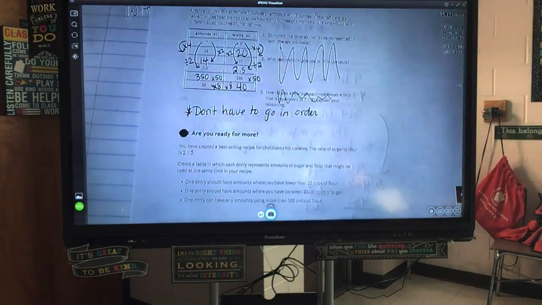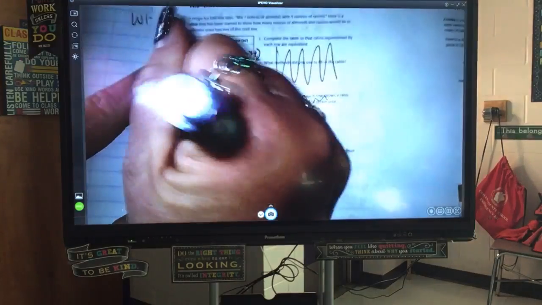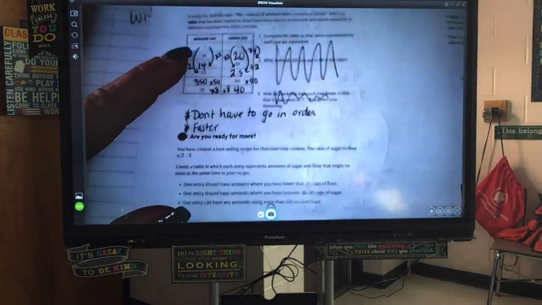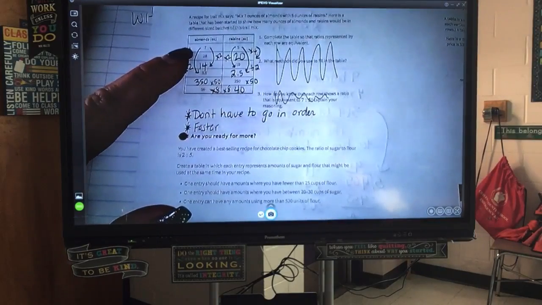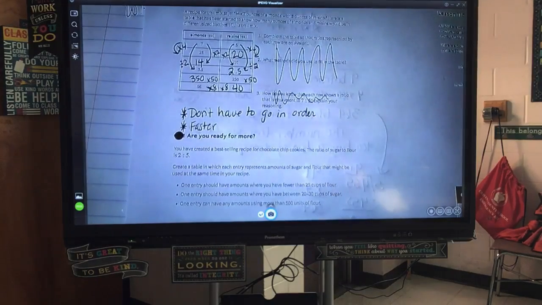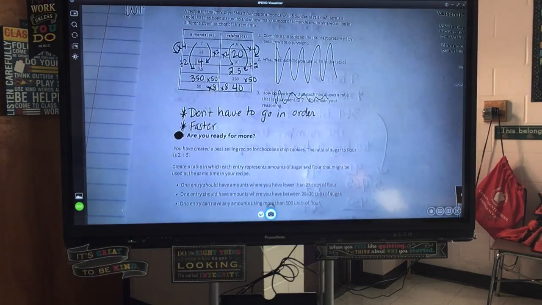Alright, what else? Ronnie? It's also faster. Why? Because for the first one, it went 7 to 28, which are kind of small, and then it jumped to 350. So you can go to big numbers in less time. Okay. Alright, so it's definitely faster, more efficient.